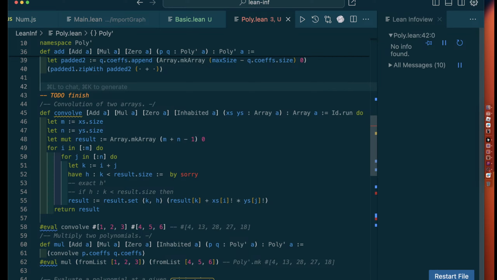This is what GitHub says. We're going to look at some softmax examples.